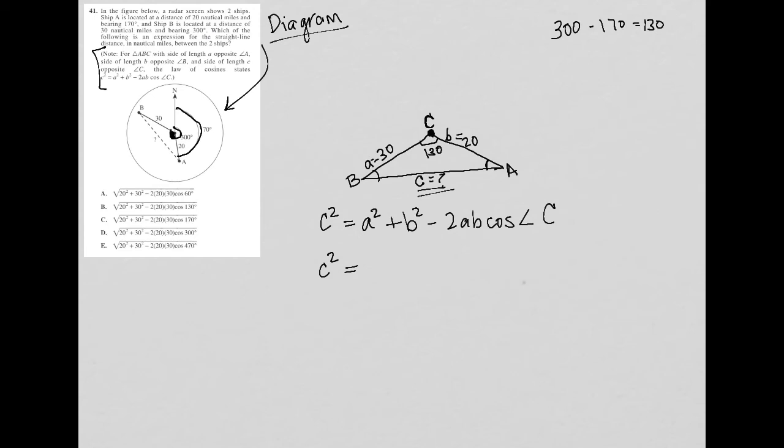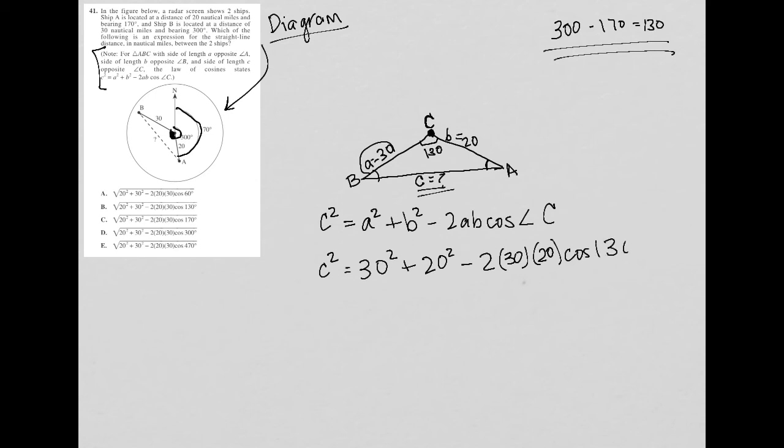Well, A is 30, so I'm going to call that 30 squared plus B squared. Well, B is 20, so I'm going to call that 20 squared minus 2 times A, so A was 30, times B, well, B was 20, cosine of angle C. But actually I know angle C, so let me get rid of this angle sign. I figured out what angle C was up here, right? So cosine of 130 degrees.